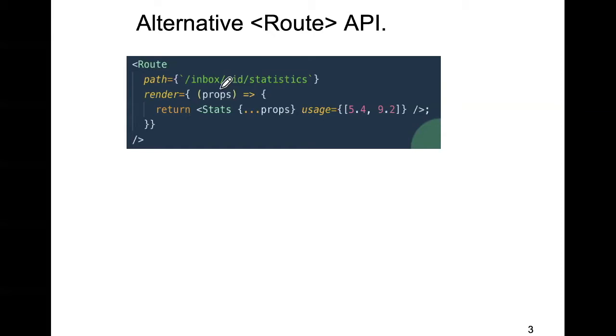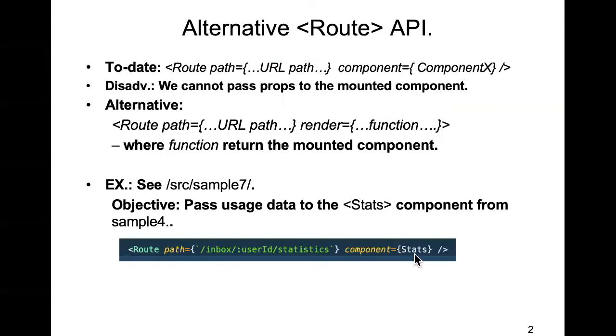If I go back to the previous slide, you know, when the stats component is mounted here, it does receive a props object, but the props object is created by the React router. And it does have some useful props, but it has none of ours. It has the history prop, which we haven't seen. It has the location prop and the params, match.params, you might remember. So it has all of those React router related props.